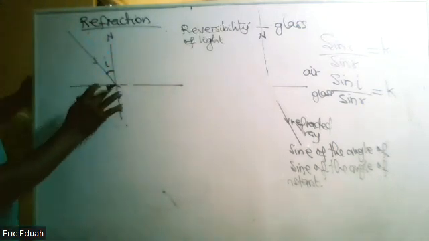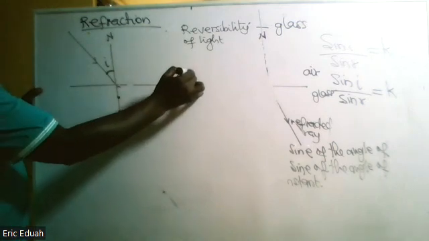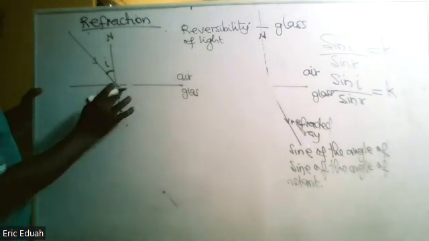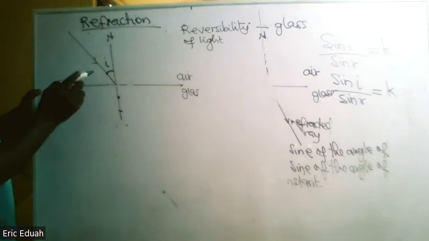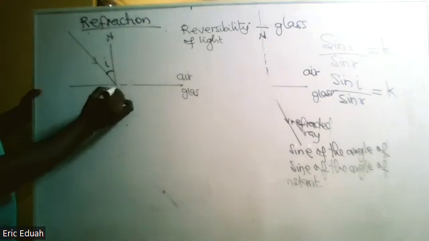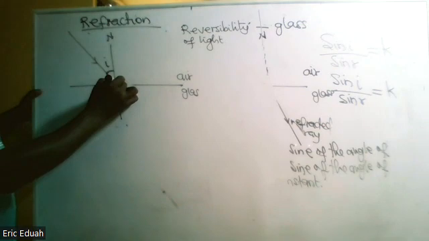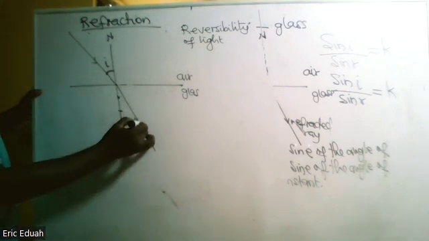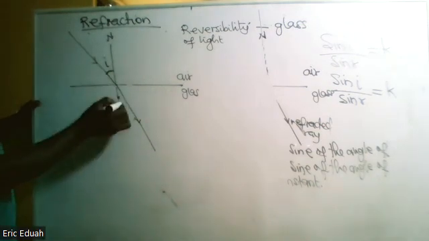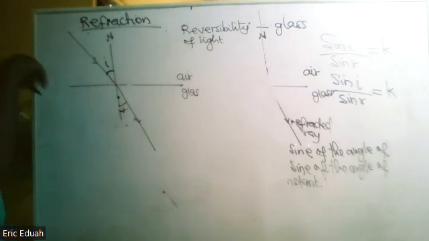You see, whenever light, if this is air and this is glass, is propagated from a less dense medium into a denser medium, it will be refracted towards the normal. Angle of incidence, angle of refraction.